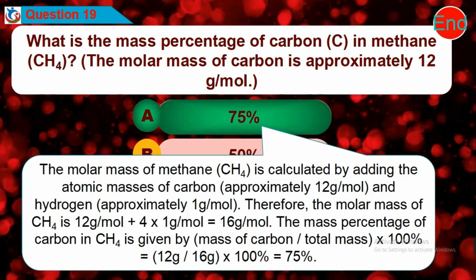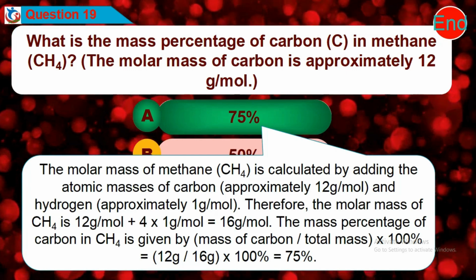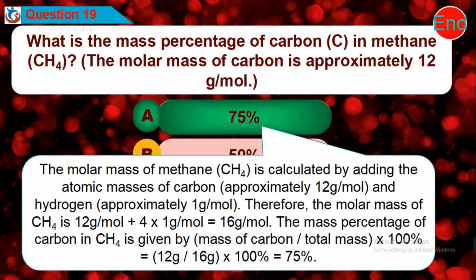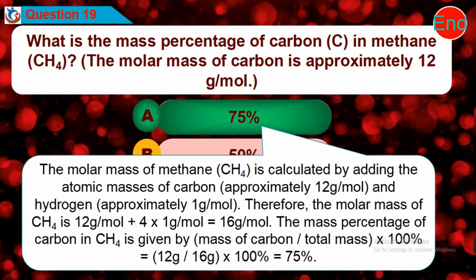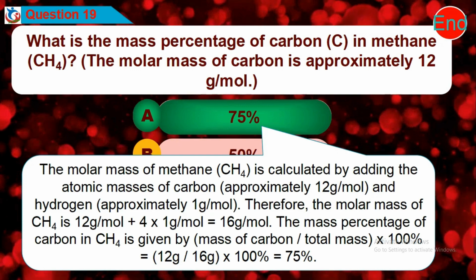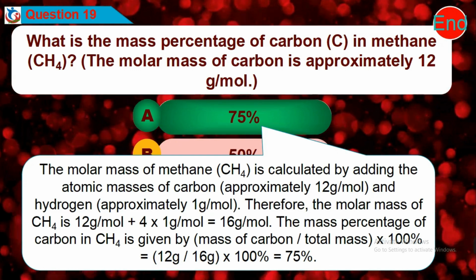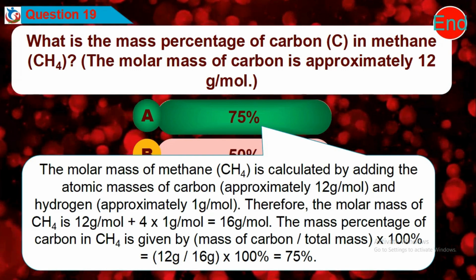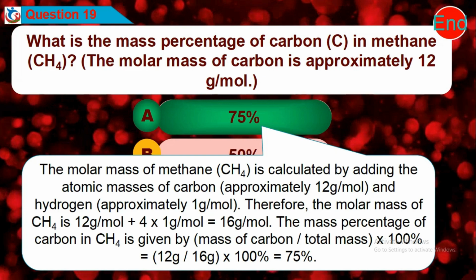The molar mass of methane, CH4, is calculated by adding the atomic masses of carbon and hydrogen. The atomic mass of carbon is 12 grams per mole, while the atomic mass of hydrogen is 1 gram per mole. But in methane, we have 4 hydrogens. So 4 times 1 is equal to 4. Now add 4 to the mass of carbon, which will now give us 16 grams per mole.